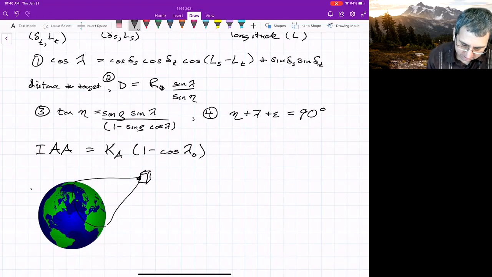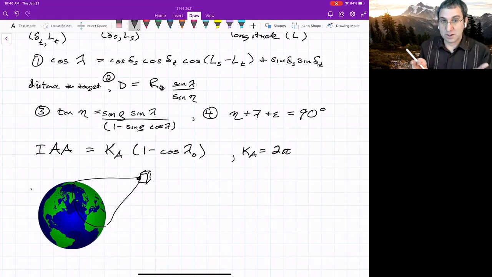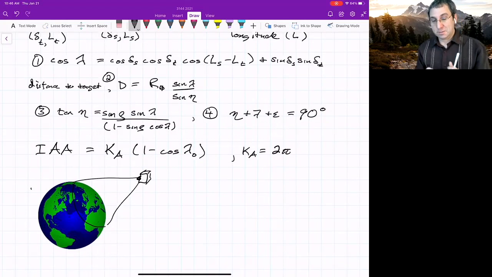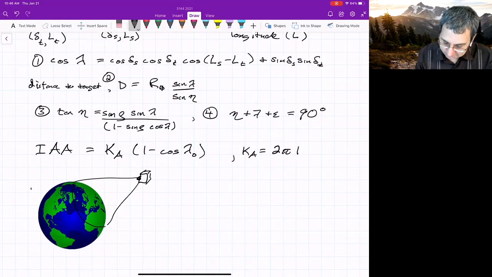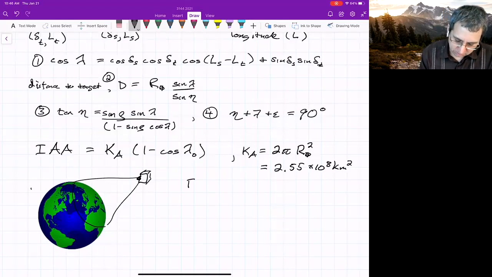And this could be represented in terms of angle, or usually we want square miles. So Ka is the maximum viewing, which is actually 2 pi, right? The surface area of a sphere is 4 pi r squared. The surface area of a hemisphere is 2 pi r squared, which is something ridiculous, like 2.55 times 10 to the 8 kilometers squared. Okay, and we wrote above what cosine lambda naught is, so you could calculate what this is.